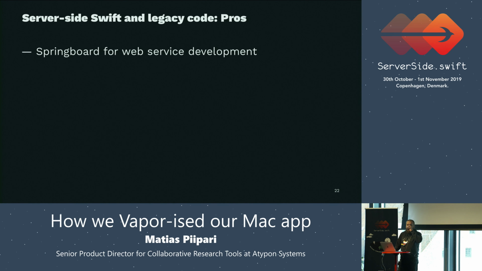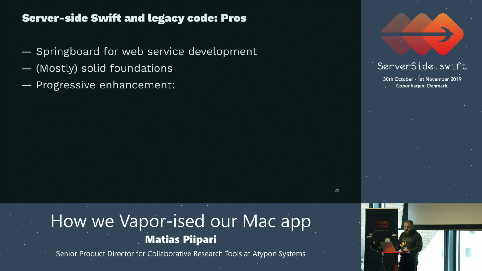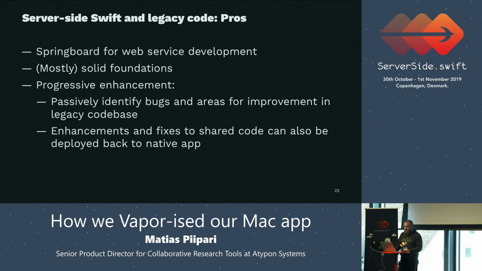So the pros of this have proven to be that it's been a shortcut or springboard for web service development, in that we were able to just focus on the new bits in all parts of it. The foundations have been mostly proven solid, and it's worked as a sort of progressive enhancement effort, passively allowing us to identify bugs and areas of improvement in this code base when more and more different consumers have used it.